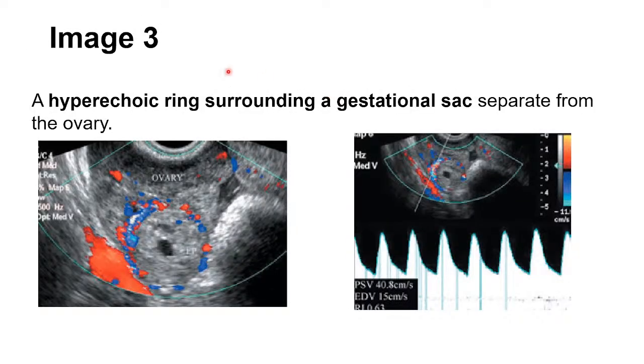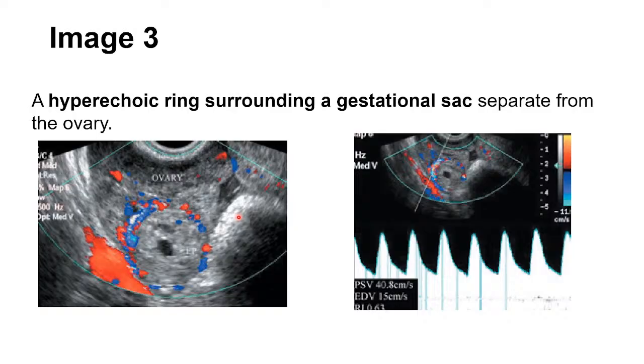Image 3. We have zoomed it nicely. A hyperechoic ring surrounding a gestational sac, separate from the ovary. On color Doppler, you can see there's a ring of fire. Is it a corpus luteum cyst?